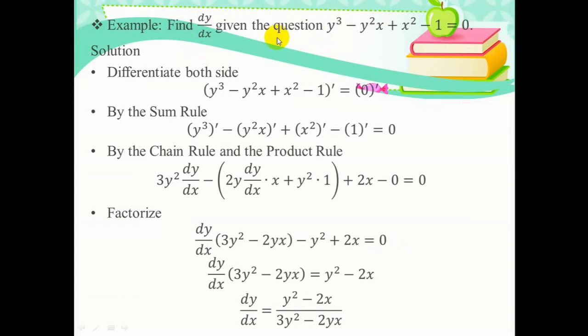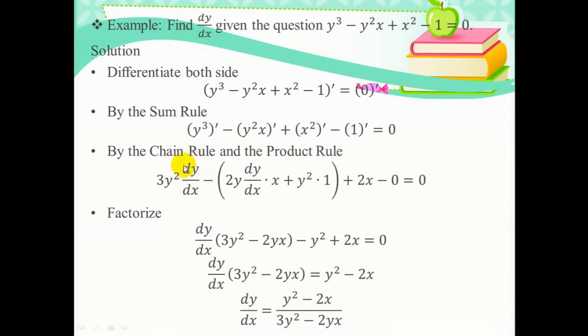In implicit differentiation, the first thing you should do is differentiate both sides. Always remember that. After you differentiate both sides, you need to look at what is inside the function. Because it is a sum, you need to use the sum rule formula. The derivative of y^3 is 3y^2 times y prime, and we can change y prime to dy over dx.